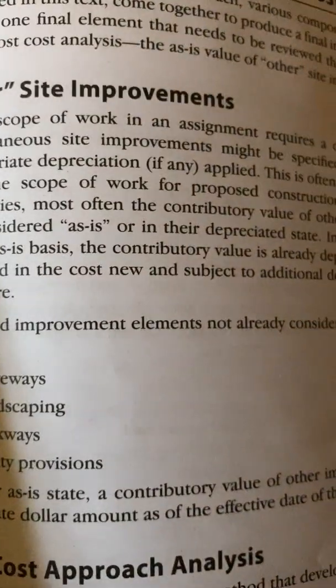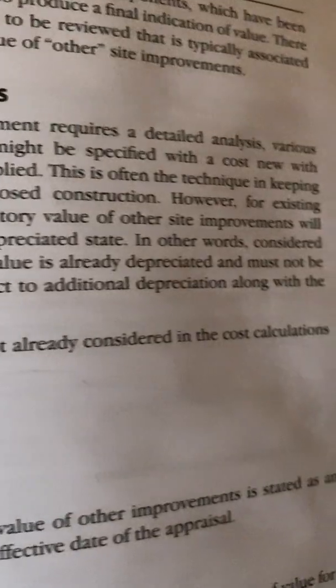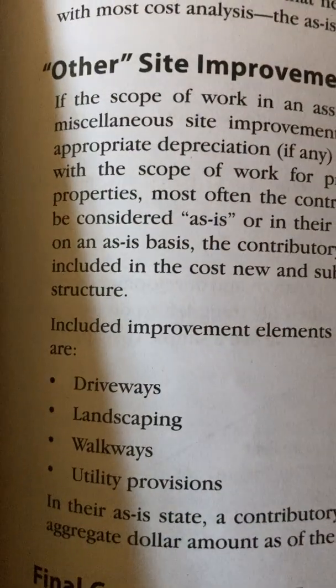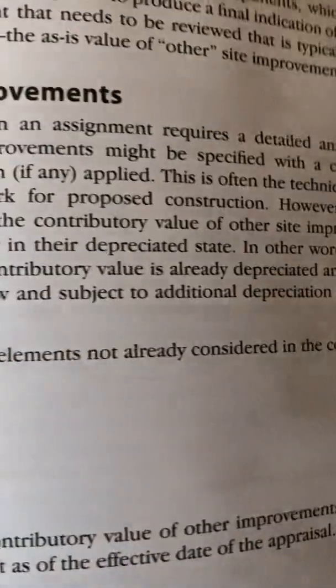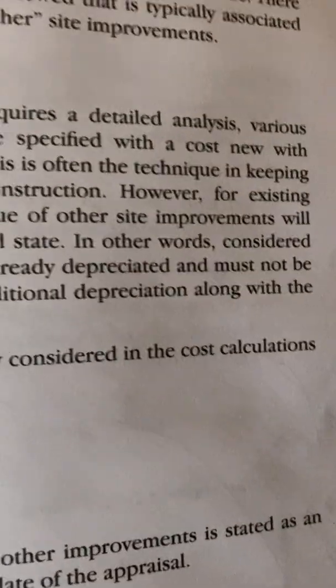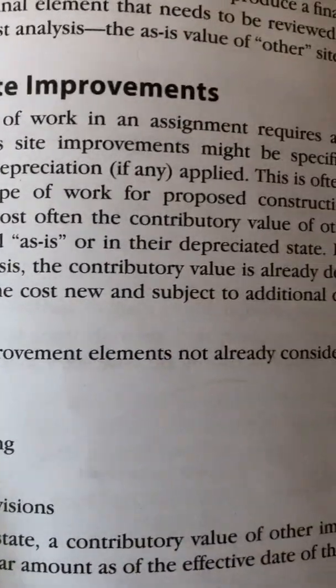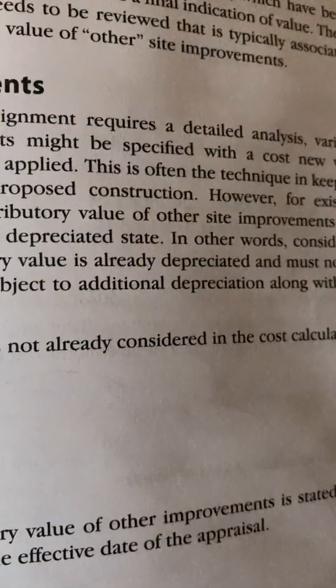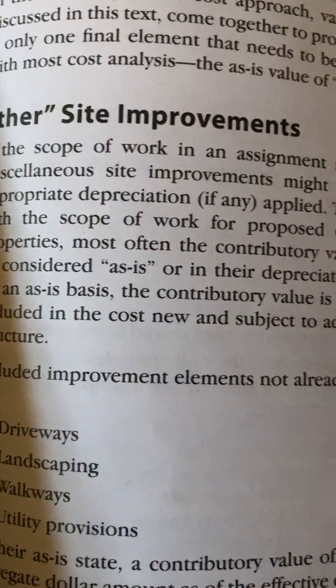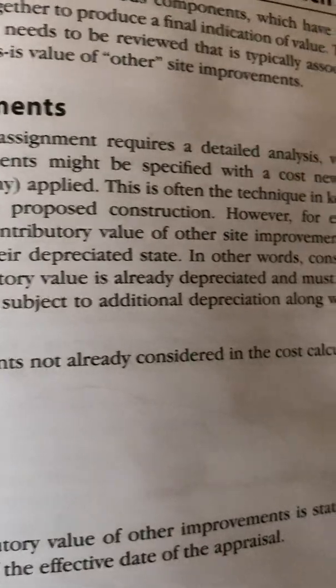If the scope of work in an assignment requires a detailed analysis, various miscellaneous site improvements might be specified with a cost new with appropriate depreciation, if any, applied. This is often the technique in keeping with the scope of work for proposed construction.